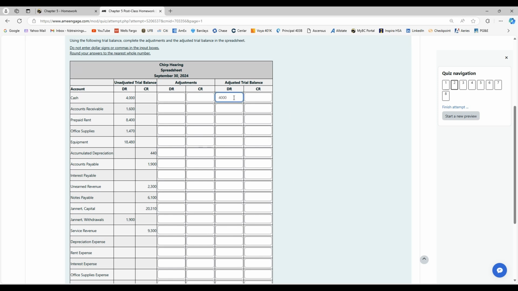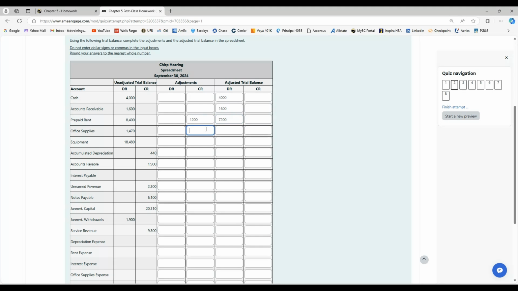There were no adjustments for cash. There were no adjustments to accounts receivable. So I mean, you can envision like 0, 0. This just carries over. But prepaid rent, we did use up, remember, 1 month of the prepaid rent. And so we want to reduce that by $1,200. And now that will leave us with a balance of $7,200 in prepaid rent.